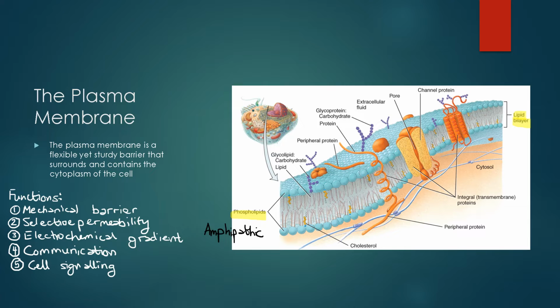They have, it's not really labeled here, but they have these polar heads. These are actually going to be on both sides here. And then here on the inside are going to be these non-polar lipid tails.